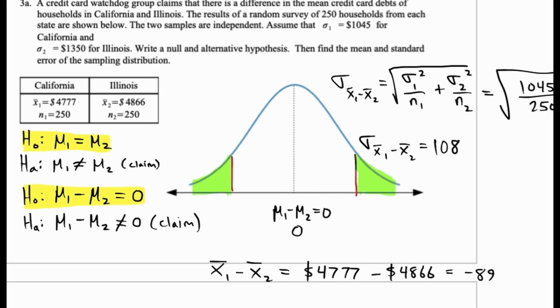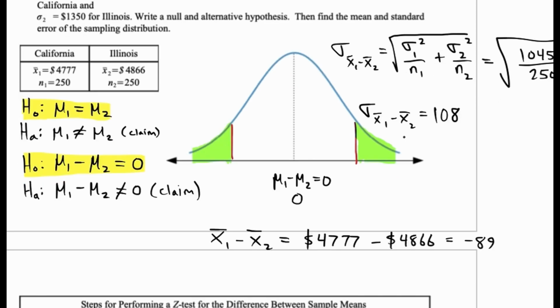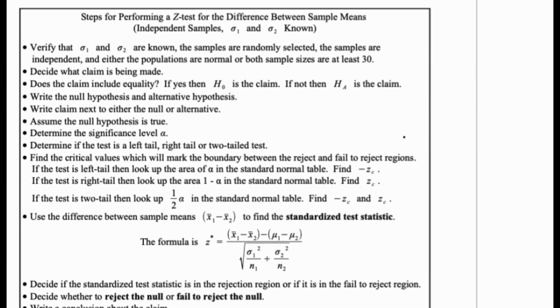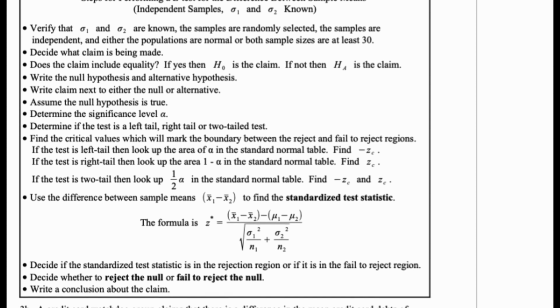Now, I don't know if the negative 89 would fall in the rejection region or not. It might land up here, or maybe it lands up here. We don't know until we have more information about how big the rejection regions are going to be for this problem. Okay. Here are the steps for actually carrying out the entire test, and we will try it.